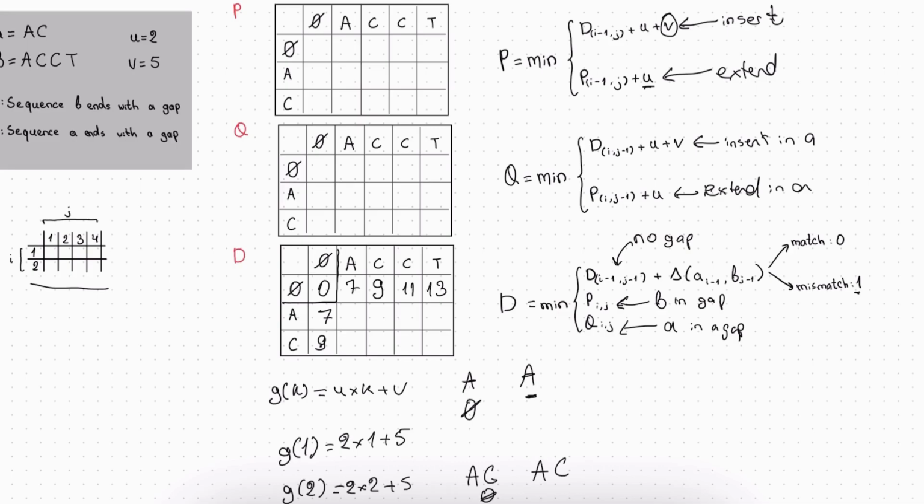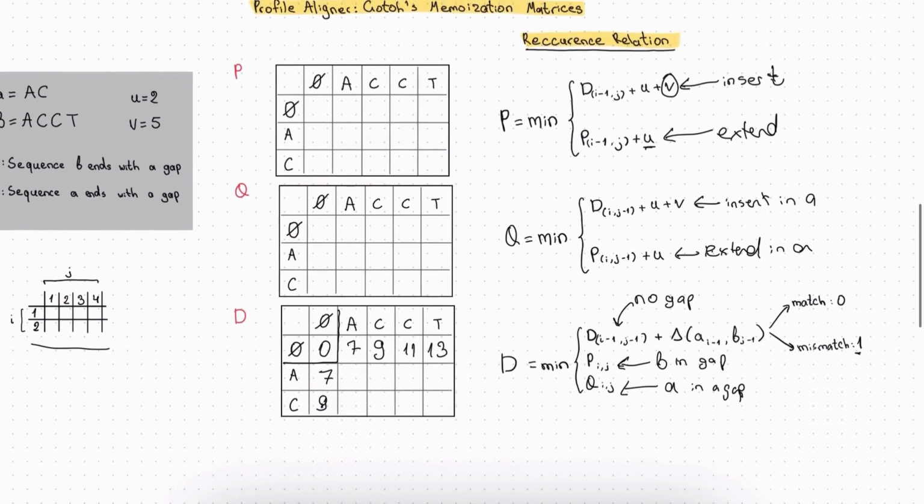The next step is to initialize matrix P. And we'll do this by putting infinity in the first row. The reason is we don't want to start sequence B with a gap here. And this is because in the first row we are looking at sequence A of empty set and sequence B of A, C, C, T, depending on where we are in the first row.